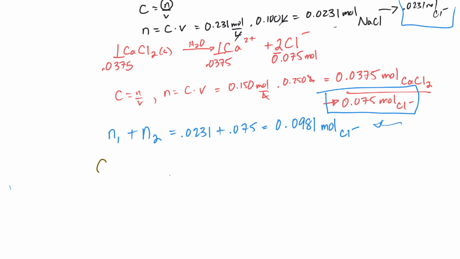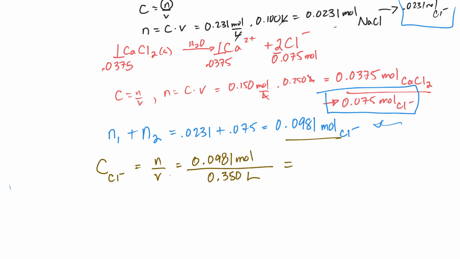The concentration of chloride ions will be equal to moles over volume: the total moles we just found, 0.0981 moles, divided by the total volume, 100 plus 250, so 0.350 liters.